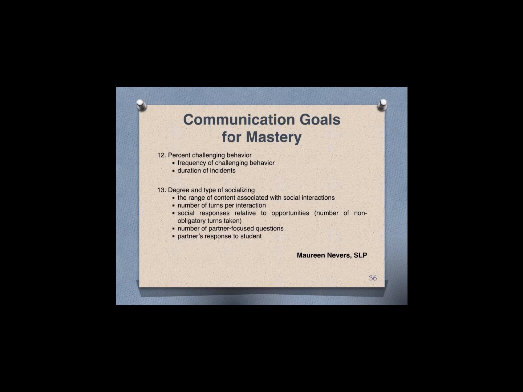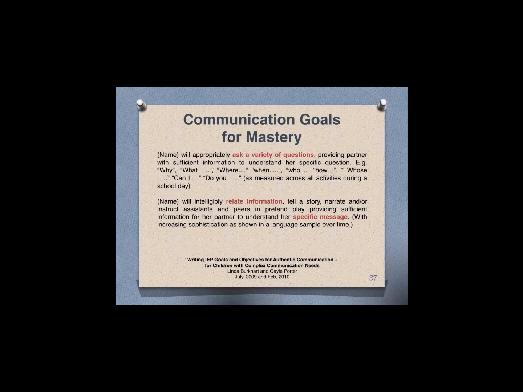That they're beginning to ask partner-focused questions, where they're not just sharing about themselves, but they're actually asking about the other person. And so now we see goals such as the student will appropriately ask a variety of questions using who, what, where, and when, or that they'll intelligibly relate information or tell a story or provide instructions, and start to clarify their message over time.